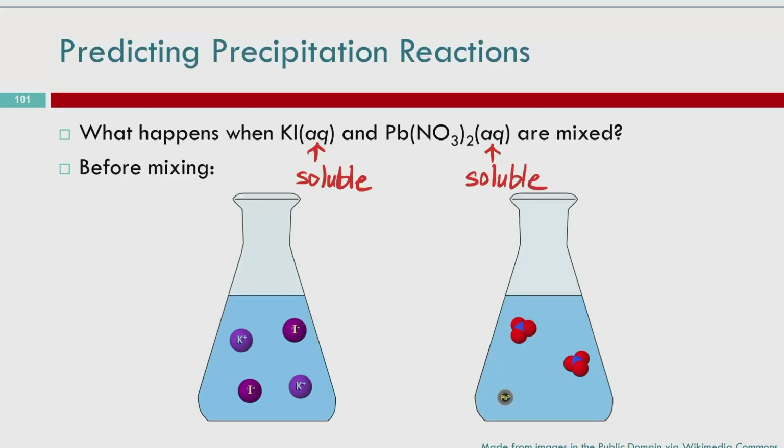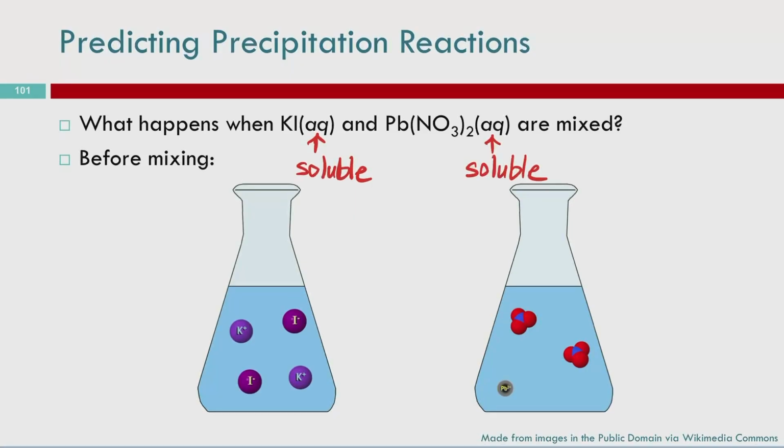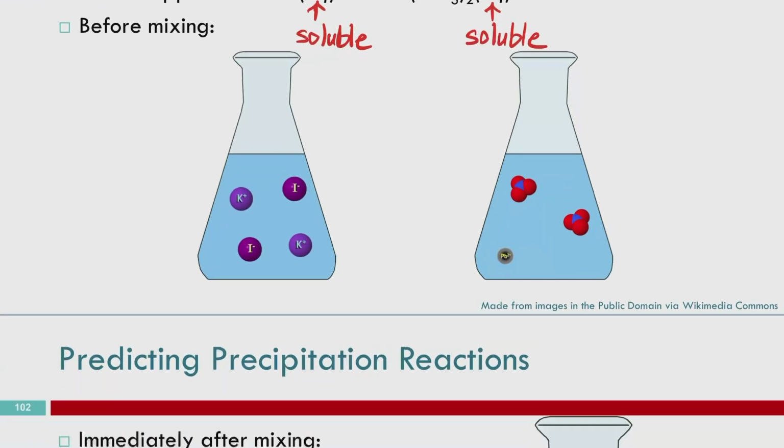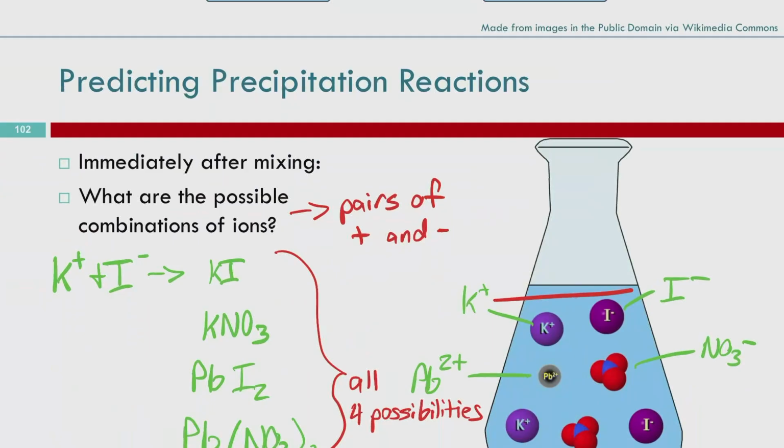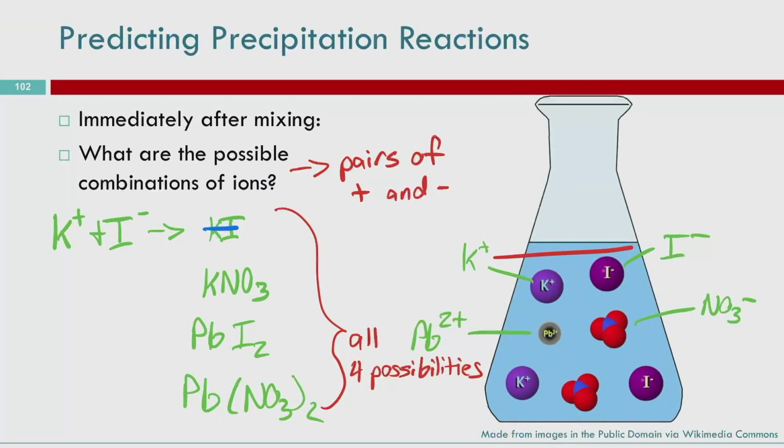And so if we write those up as our pairs of ions, they are possible pairs of ions. We don't need to check them because we already know they're soluble. We already had them dissolved in solution. So KI and Pb(NO3)2, we don't need to check.